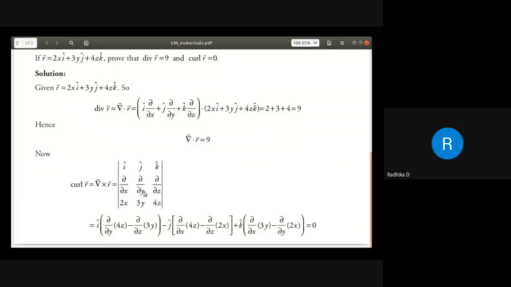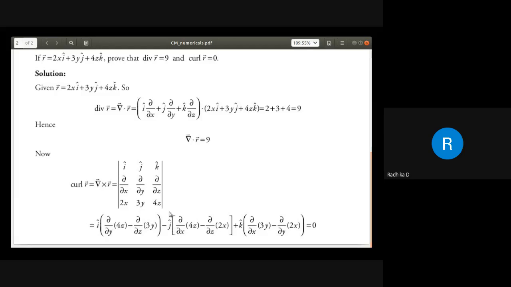This is just a simple determinant of a matrix. The second one will be minus j, so I neglect these two: ∂/∂x of 4z minus ∂/∂z of 2x. Then plus k, so I neglect this one and this one: ∂/∂x of 3y minus ∂/∂y of 2x.